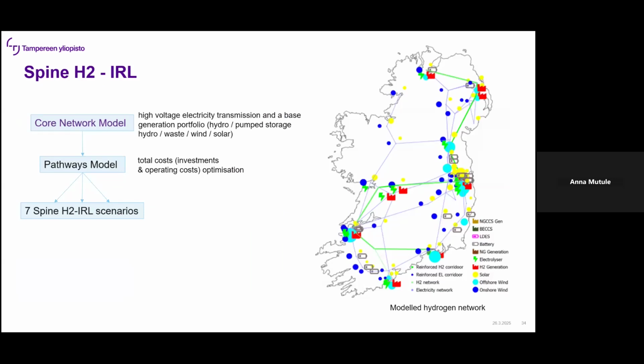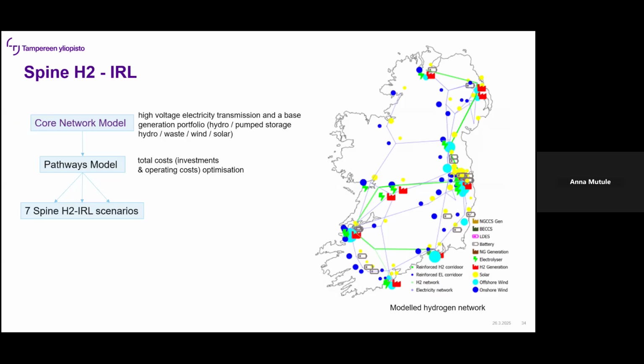This core model forms the foundation for all 7 future scenarios and fits into the pathway model, which optimizes total system costs covering both investments and operations. The model includes detailed input data: fuel and investment costs, technical parameters for generation, electricity and hydrogen networks, and various storage options.